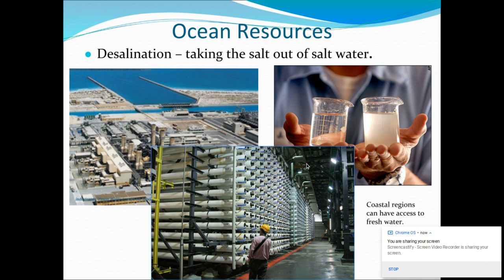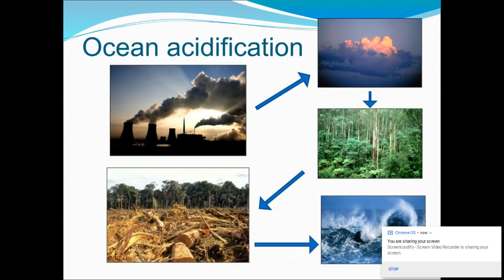So it increases the availability of fresh water to these coastal cities or towns, which is really good, especially in countries where maybe these coastal areas wouldn't have any fresh water available to them. So more humans can live here, right? That's always a good thing.